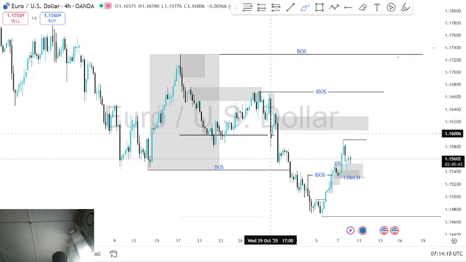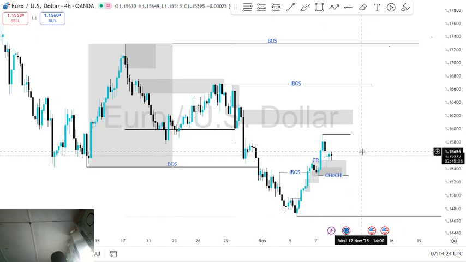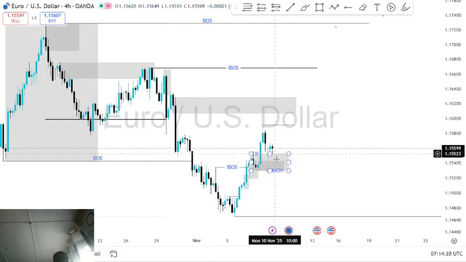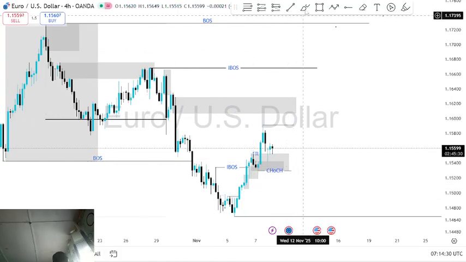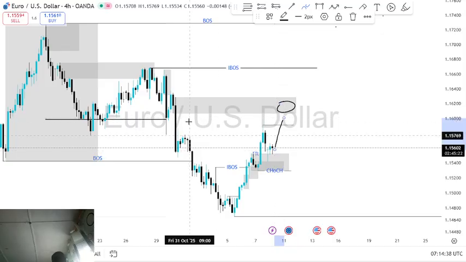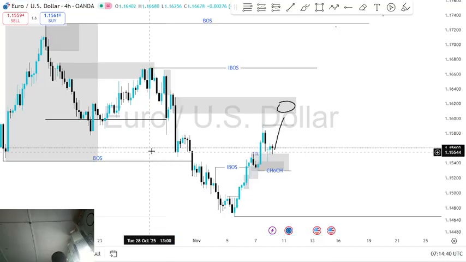So now price hasn't really tapped into my EQ yet, but we can be continuing to buy until we hit our POI. When we break this, we will expect a pullback, which will be a mitigation of this range.